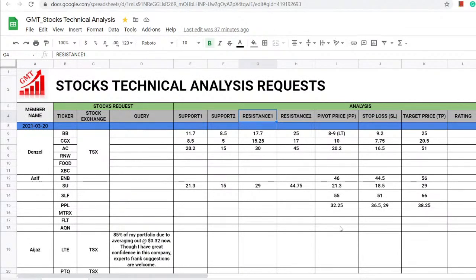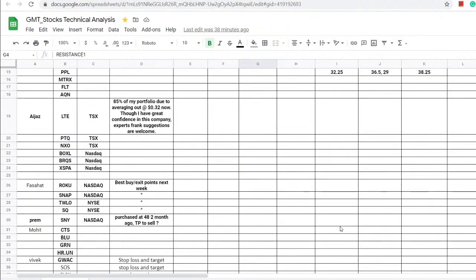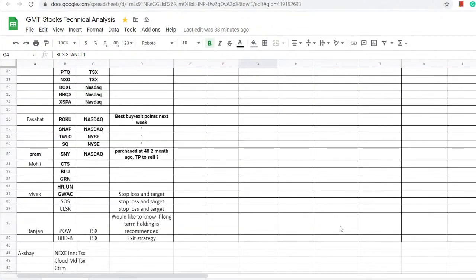You can see the support levels, resistance levels, target prices, stop losses and entry points for the stocks we talk about.